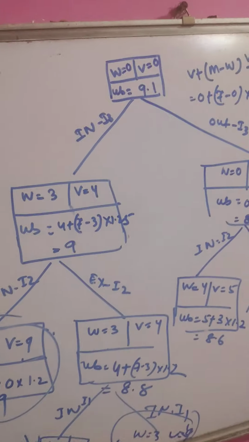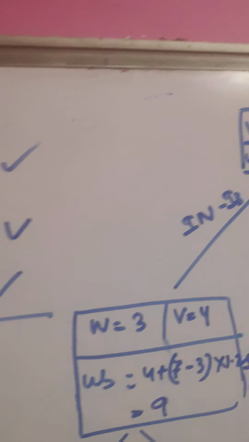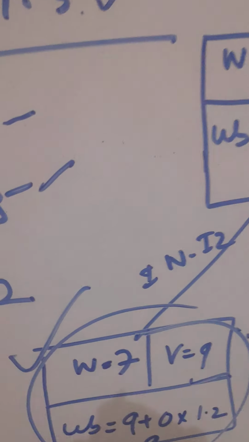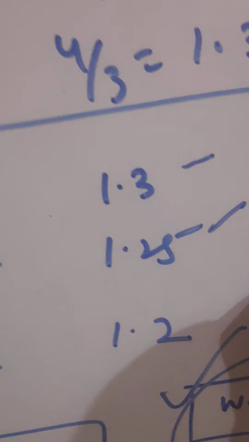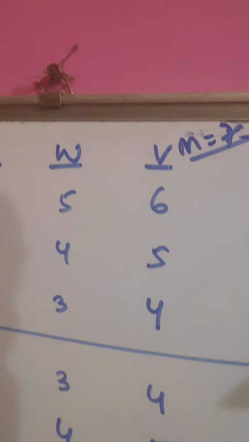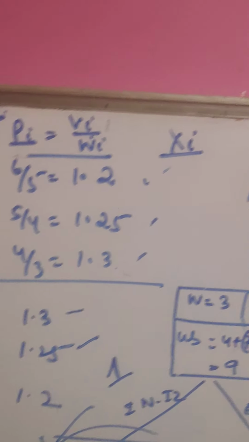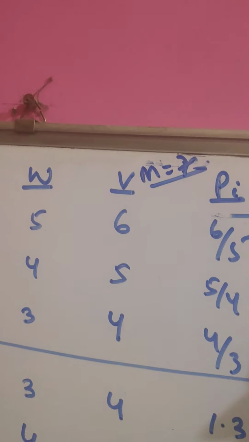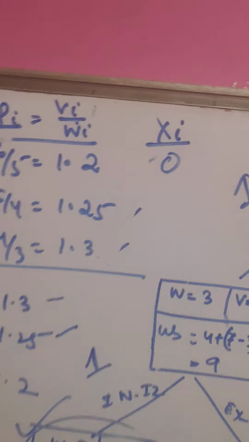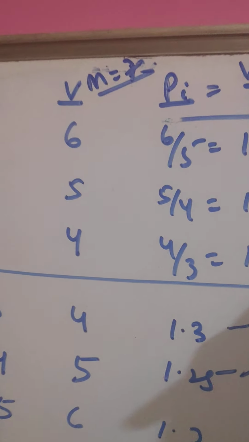So from this tree, it is clear that inclusion of I3, that means I have to write 1 here, I2, again I write 1 here, and exclusion of I1, that is 0 here. So what is the solution? Look at the problem first. Now the solution xi: I will not take I1, so 0.